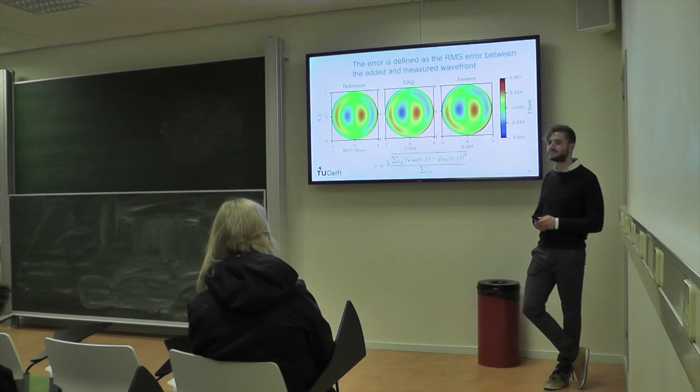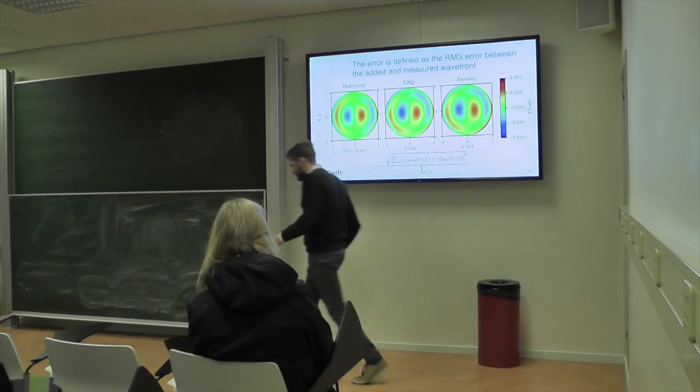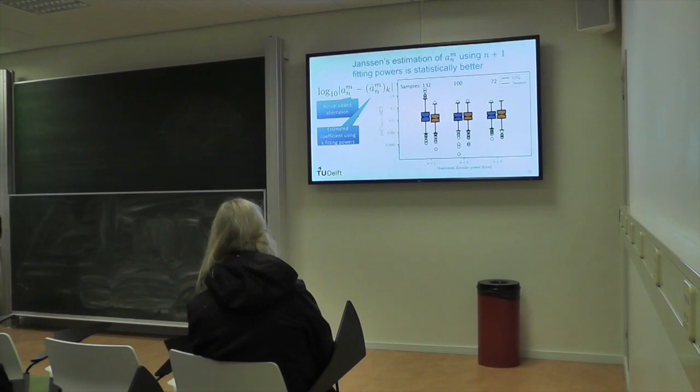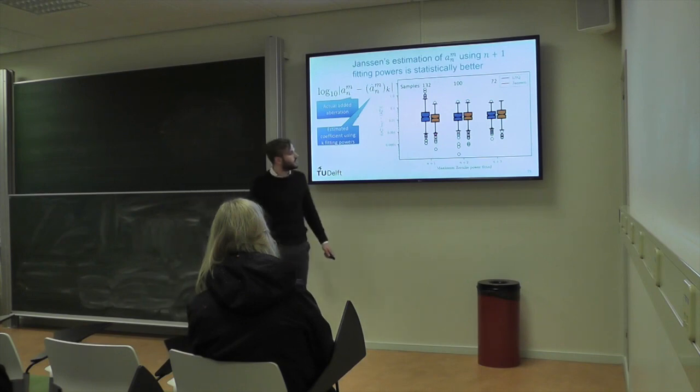Question? Yeah. On slide 23, you show these distribution plots with increasing maximum Zernike power fitted. If I look at those plots, I see that they improve if you fit more Zernike powers, by a factor of 2 or something.